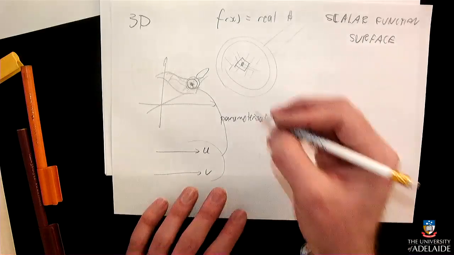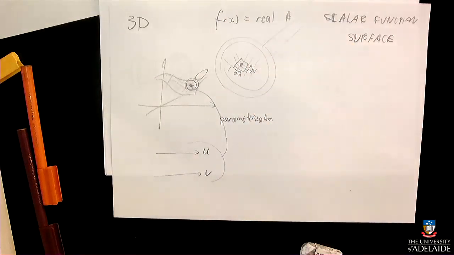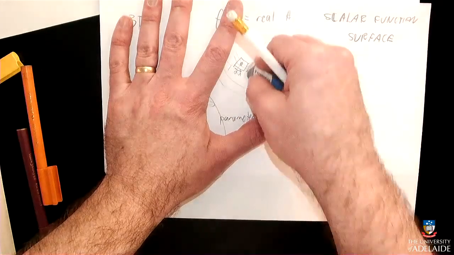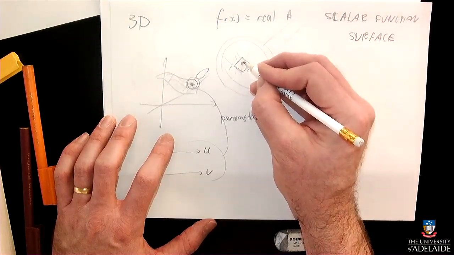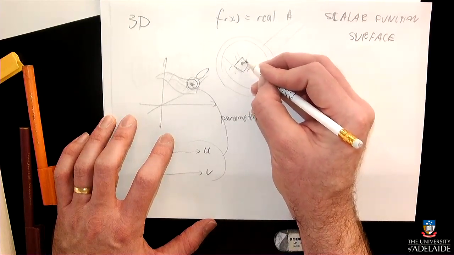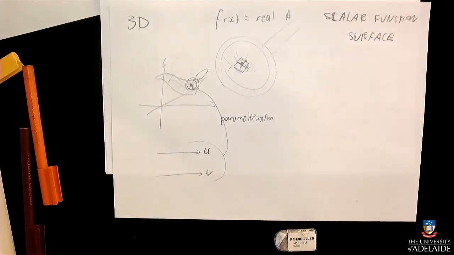And that is created by going du and dv. The du causes a change in position that way, and the dv causes a change in position that way. So one of those directions is some vector multiple of du, and the other direction is some vector multiple of dv. And we should multiply them together to get the surface area at that spot. So this little thing is called ds.